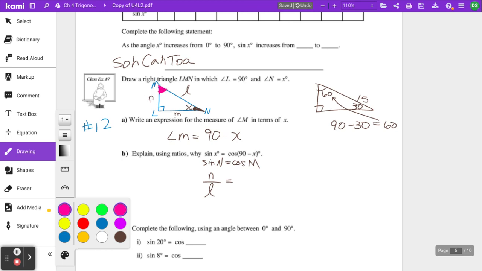N is adjacent. It's next to it, right? So this will be N over the hypotenuse, which is still L. Check it out. It is true. The sine of one little angle is equal to the cosine of the other little angle. Cool, huh?